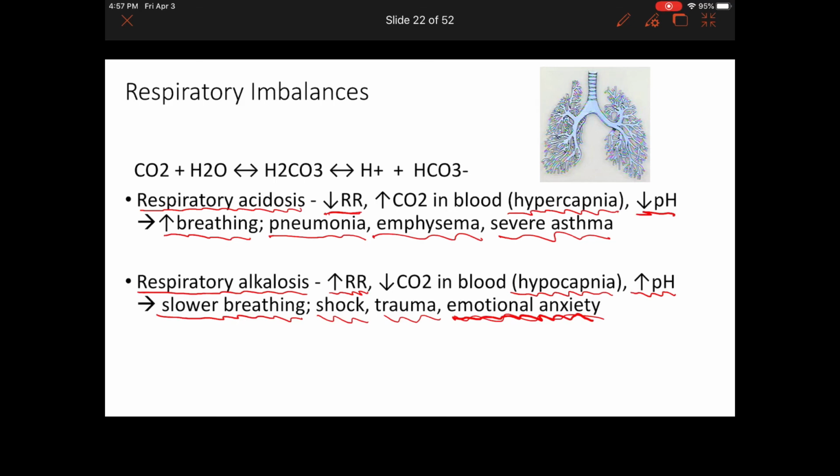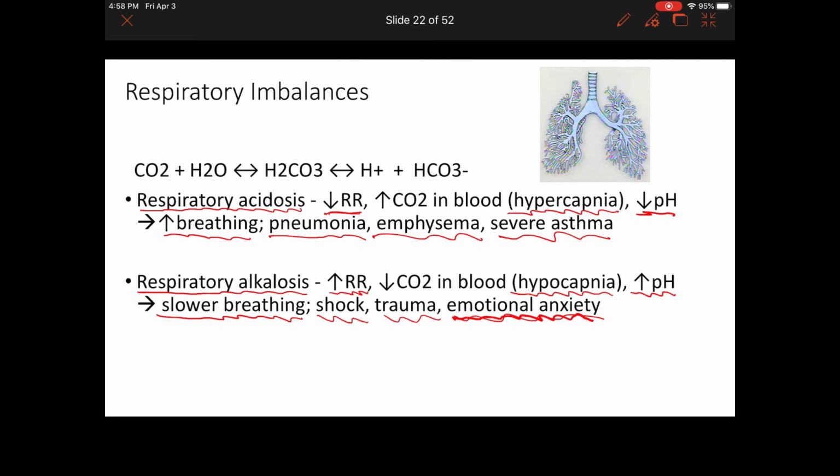By rebreathing the air in the paper bag, that helps the person to breathe in more CO2 to help offset the hypocapnia that is sometimes produced.